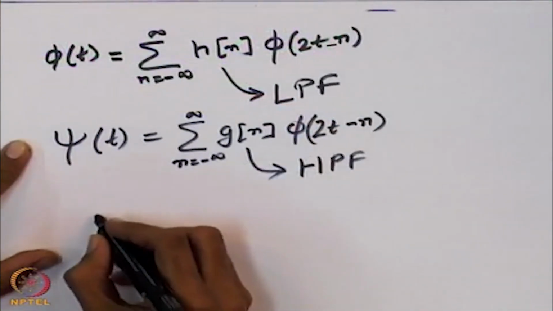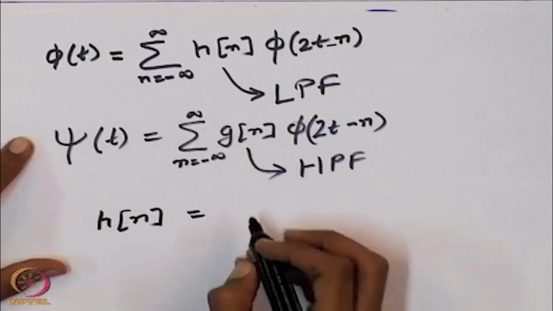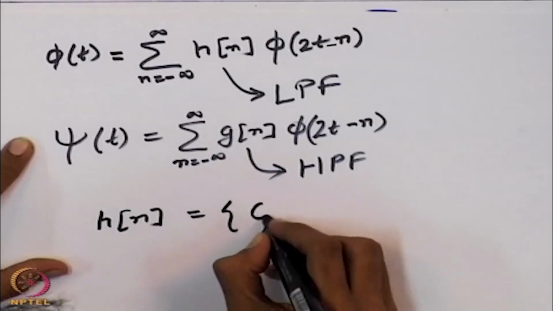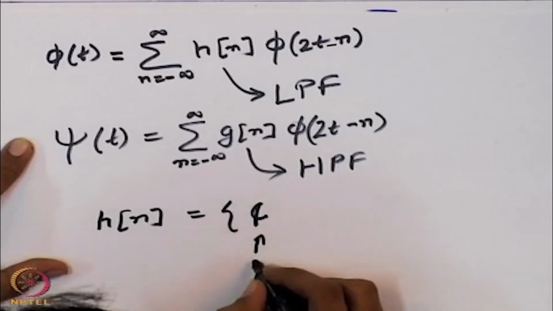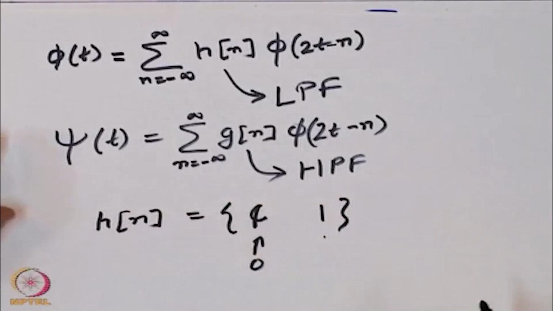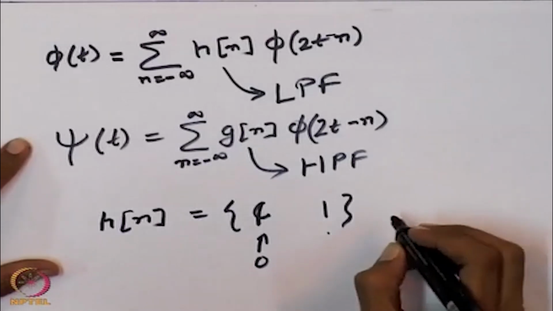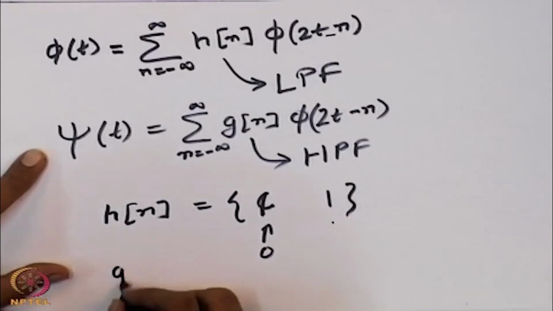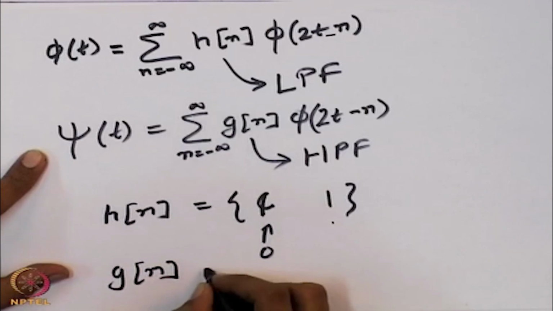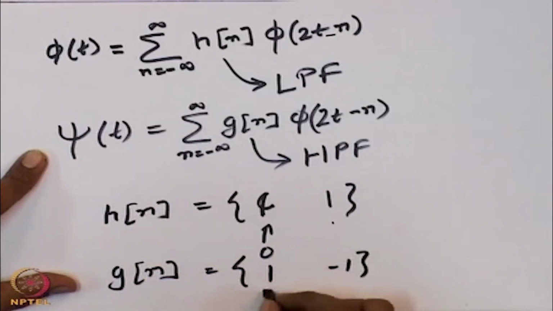Again, recalling from the lecture, for the Haar filter bank case, we have h of n given by a 2-length sequence, which is 1 and 1 at the 0th and first sample, and the g of n sequence is given by 1 and minus 1.